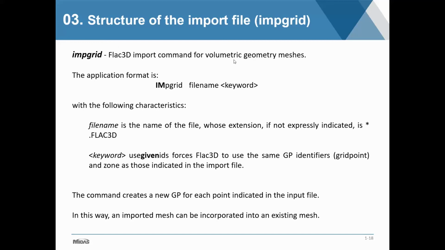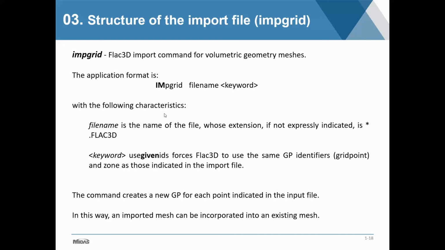That means they can use this not just for importing meshes from Midas, but from any other software that generates 3D meshes, and that's how they do it using this command. This is the format: you call impgrid and then the file name with the keywords.